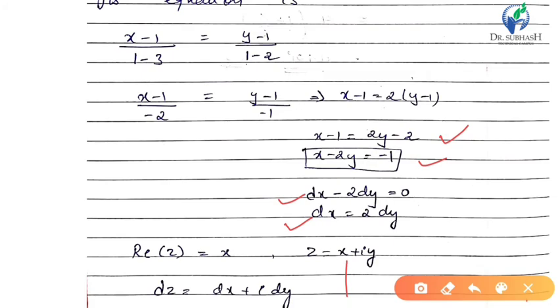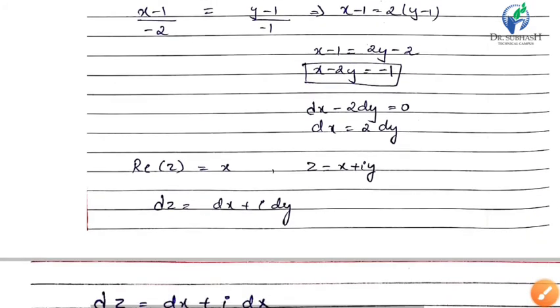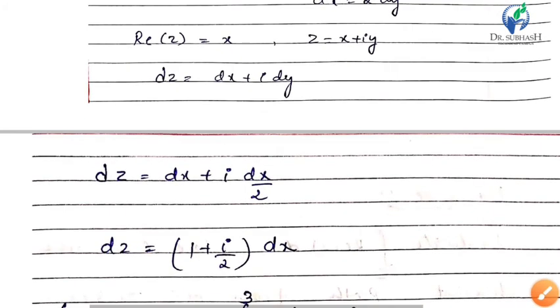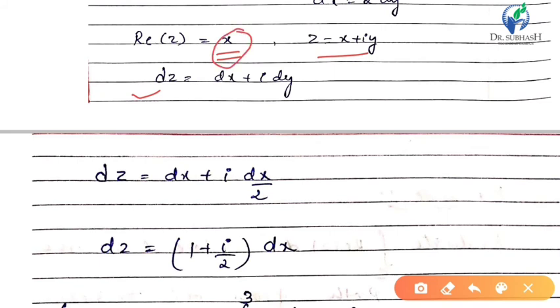Okay. Now my function is real part of z. Real part of z will be x, if z equal to x plus iy, and dz equal to dx plus i dy. Now our function is in terms of x, so dz will be converted to x. From the above equation, dy can be written as dx by 2.